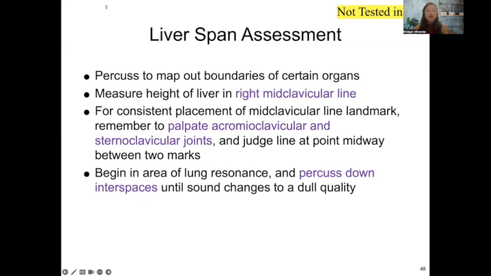Then you're going to go inferior of that area from below, and do the same thing. That area is going to show us the span of the liver. Sometimes you can hear it better going from the top, and sometimes a little better from the bottom. But that point midway is going to help you determine the span of the liver.